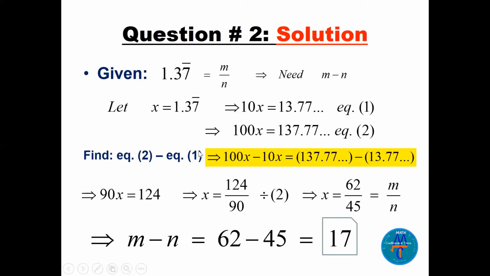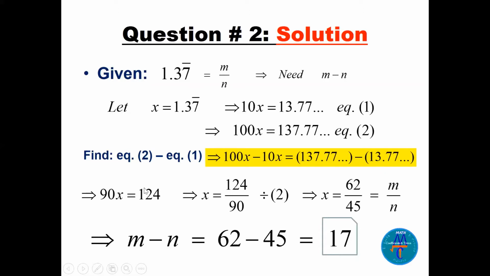Now, if you need to see more examples about these repeating decimals, how to convert to fractions, there is a video called how to convert repeating decimals to fractions. So let's take now equation 2 minus equation 1, which is 100x minus 10x, 137.7 dash minus 13.7 dash.